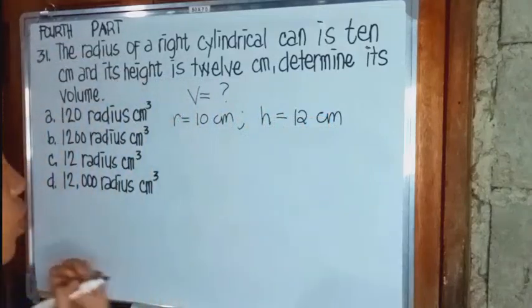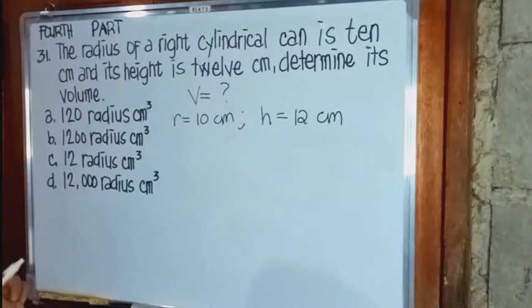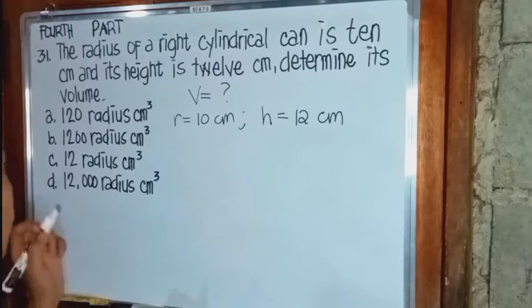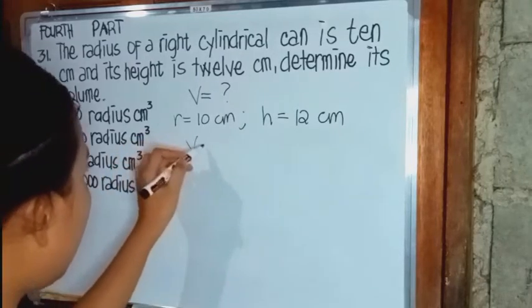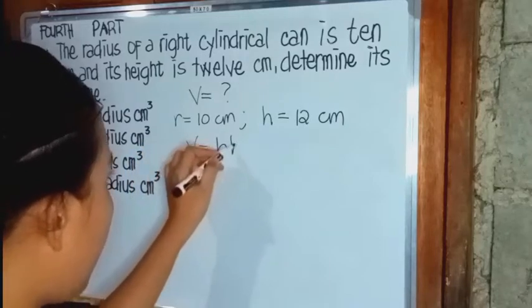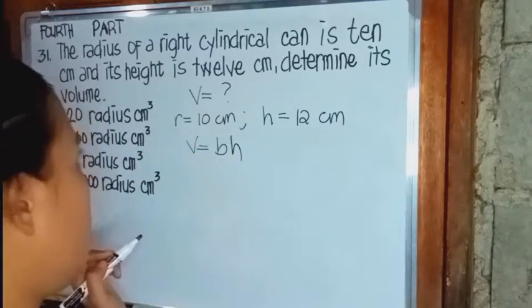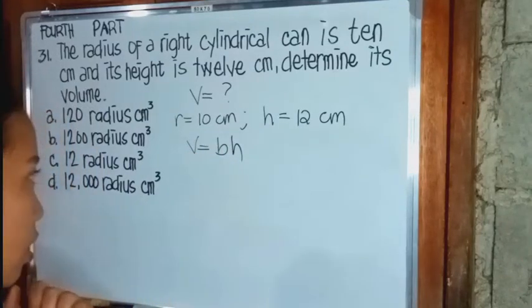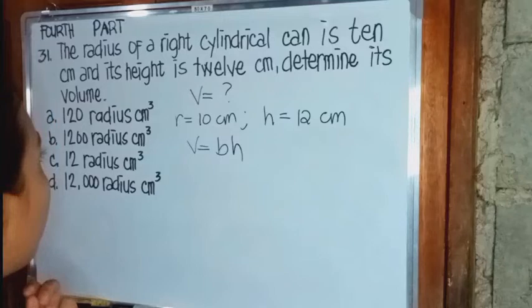So now, what is the volume of a right cylindrical can? The formula in finding the volume of a right cylinder is the base times height. The base is not yet known in this problem.